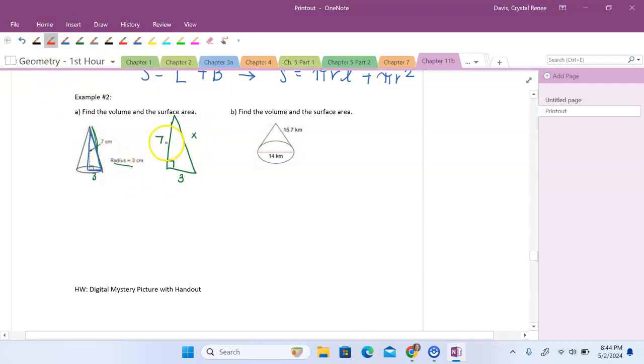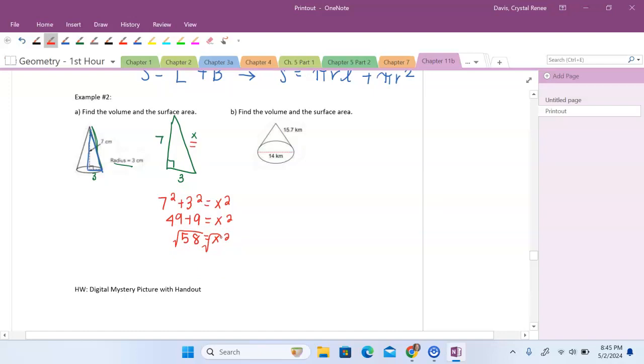So Pythagorean theorem, a squared plus b squared equals c squared. Remember, our c squared is always our hypotenuse, so in this case, our c squared is x squared. So 7 squared plus 3 squared is equal to x squared. So 49 plus 9 is x squared, so 58 is x squared, and then the square root of 58 would be x.